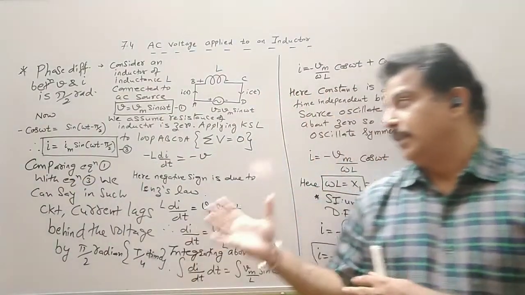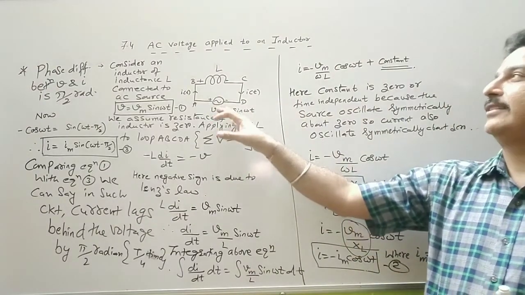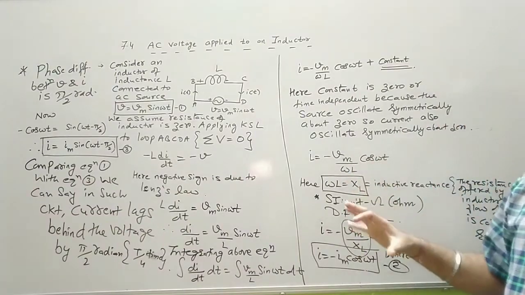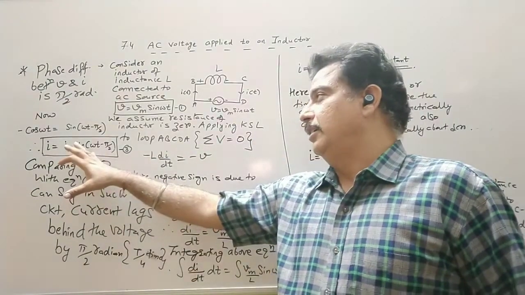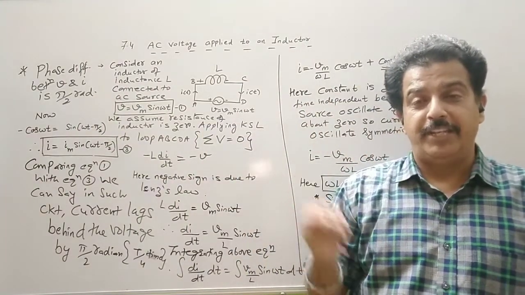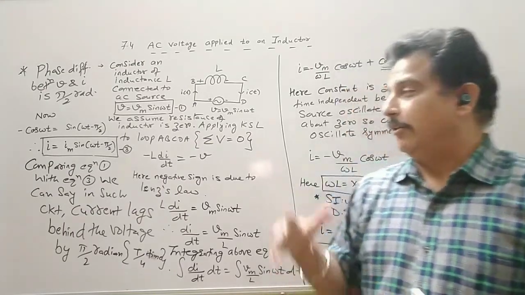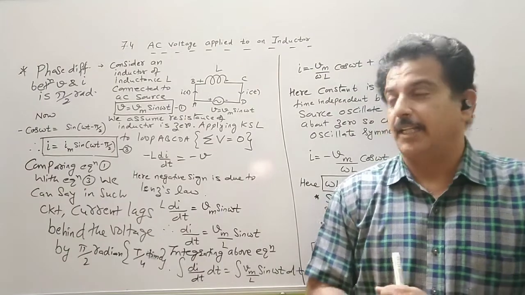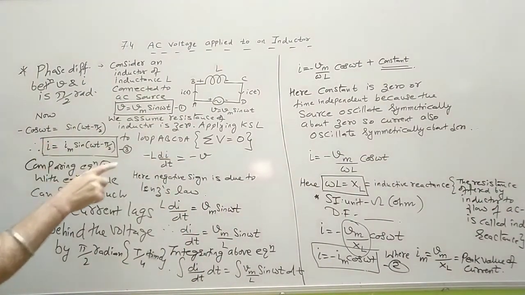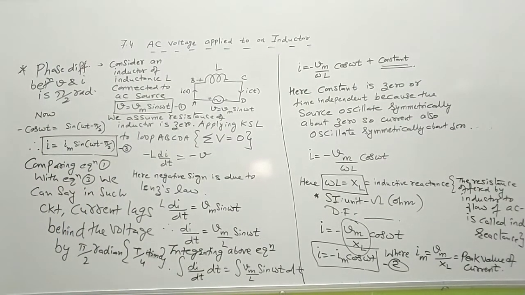So this is the circuit where AC source or AC voltage is connected to an inductor. Now after finding the value of this current and comparing it with voltage, we will draw the graph of V and I, as well as try to understand the same concept by the phasor diagram. So let us see the graph of V and I versus omega t, as well as the phasor diagram.